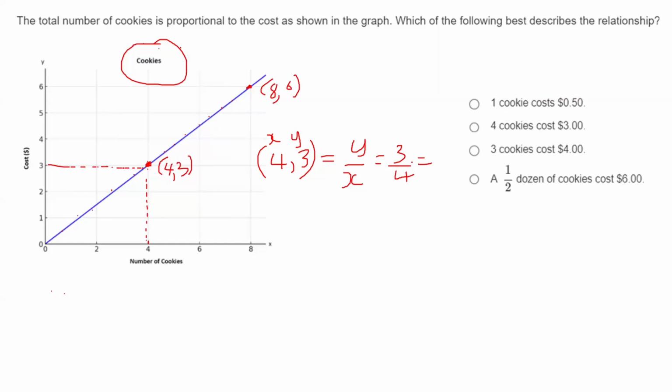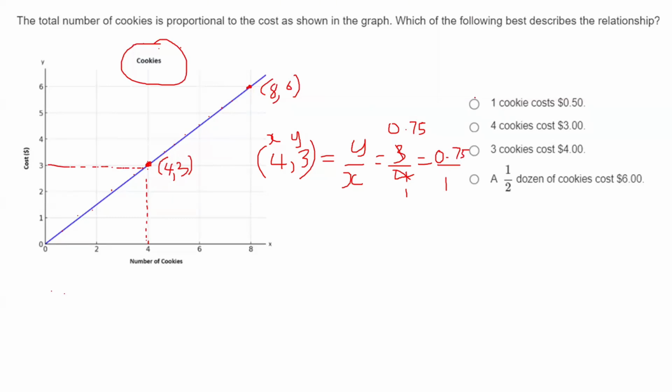If I divide 3 by 4, I'm going to get 0.75, which is 75 cents. And I'm going to have 1 as my denominator. It's like you're saying 4 into itself goes 1, and 4 into 3 goes 0.75. So when I divide the cost by the number of cookies, it says for 1 cookie, it costs 75 cents.